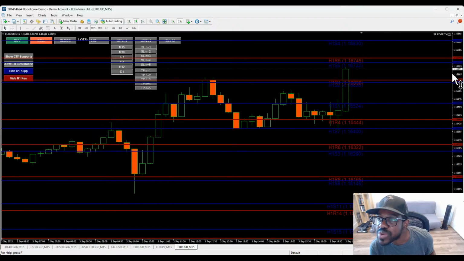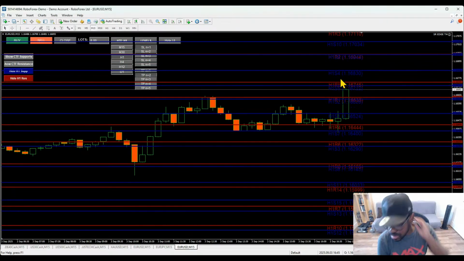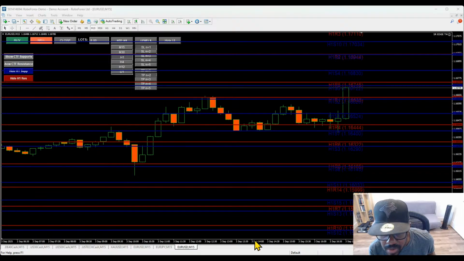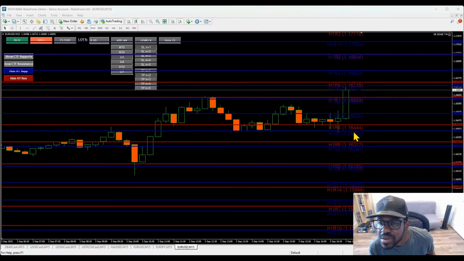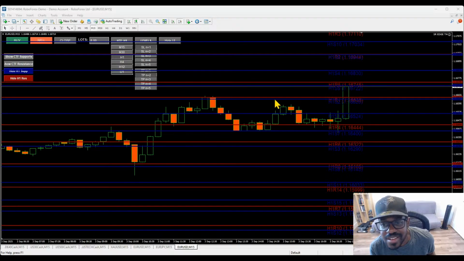All right, so that's why it's going higher right now. It's because of that job opening affecting the US dollar. So that means right now the DXY is tanking. Yeah, it's tanking big time.